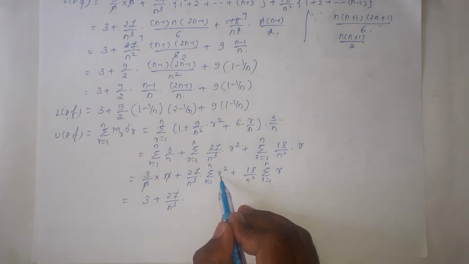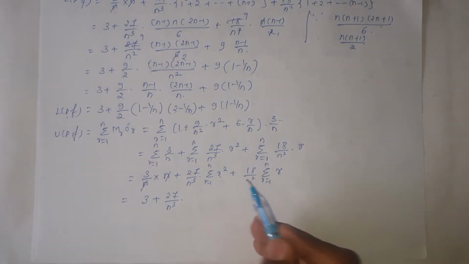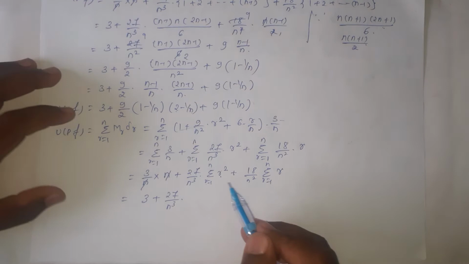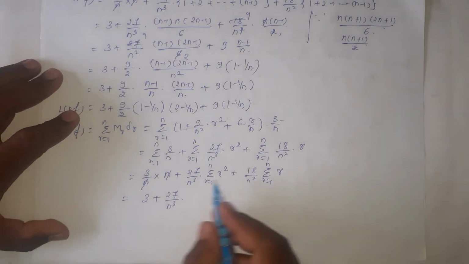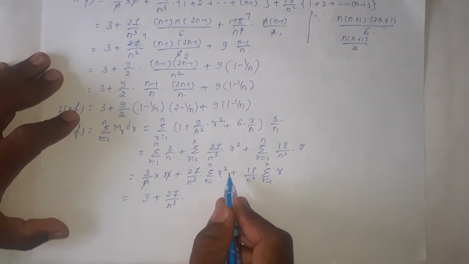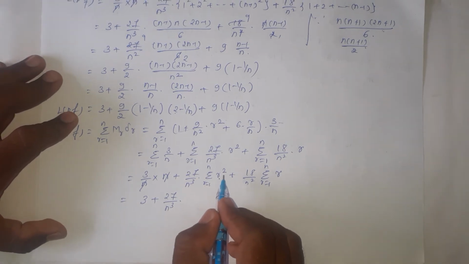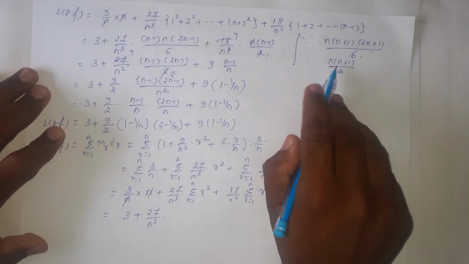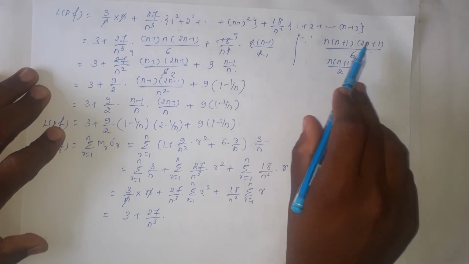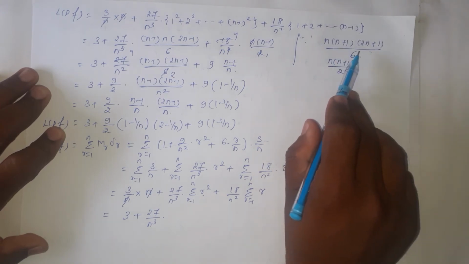Then if you substitute r as 1, that is 1 square plus 2 square plus 3 square up to n square, this is also the sum of squares of first n natural numbers, and here the formula is n into n plus 1 into 2n plus 1 divided by 6.